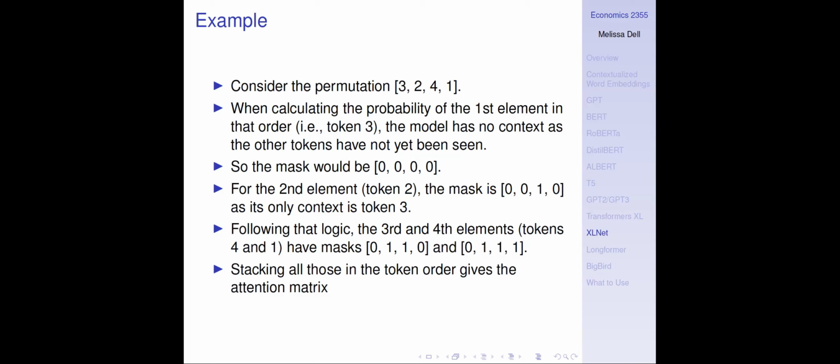Remember, with the decoder blocks, the attention matrix for an autoregressive model is just below the diagonal of the matrix. Whereas with this permutation approach, you're paying attention to all different portions of the sentence, depending on what permutation you've drawn. And you do that many, many times.